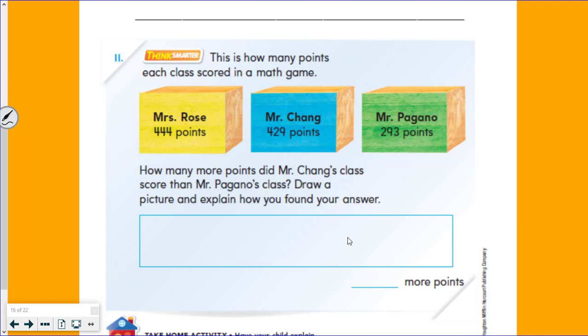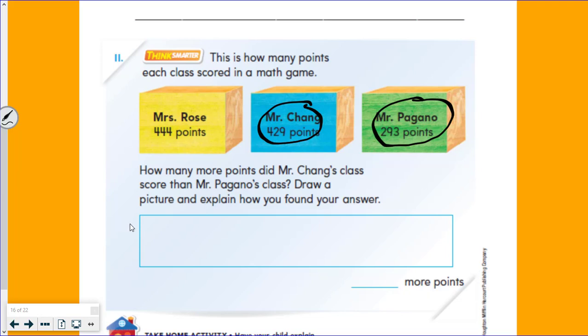Draw a picture and explain how you found your answer. So we're trying to find the difference. I want you to use a quick picture right here in this box to solve that. So go ahead and pause your video and solve it, and we'll check it together.